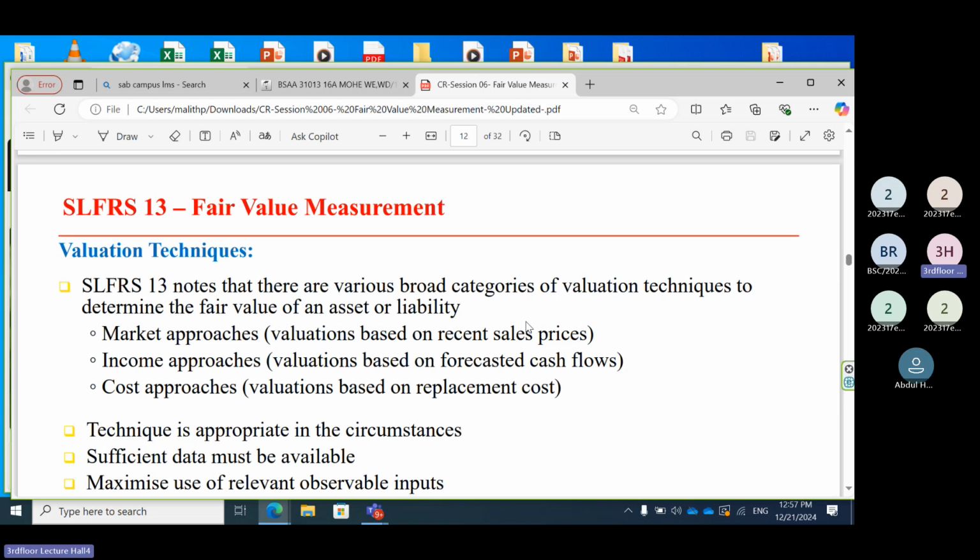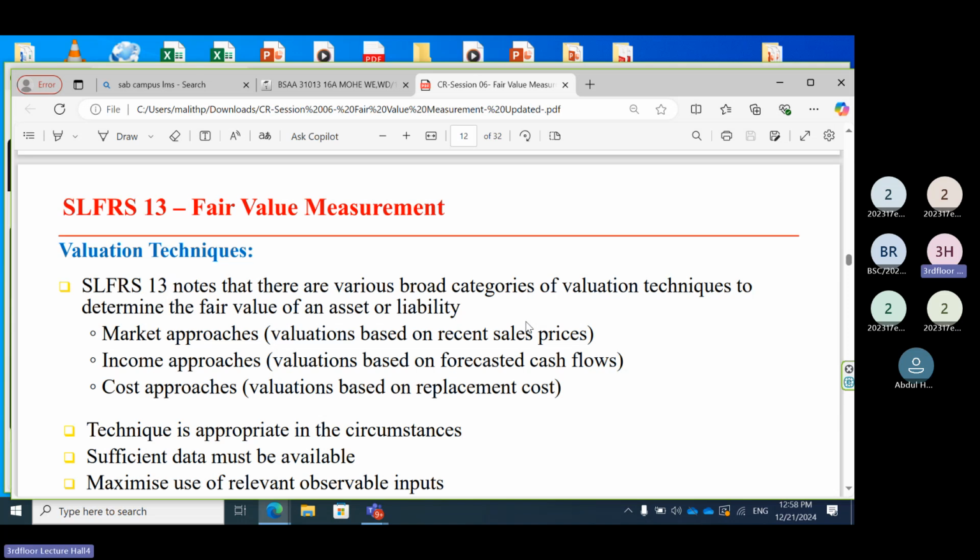For 300 days, 35% into 45 years. We can do an income approach, discounting method. We may have a figure. This is again unobservable inputs, right? That can be done. This is one approach.